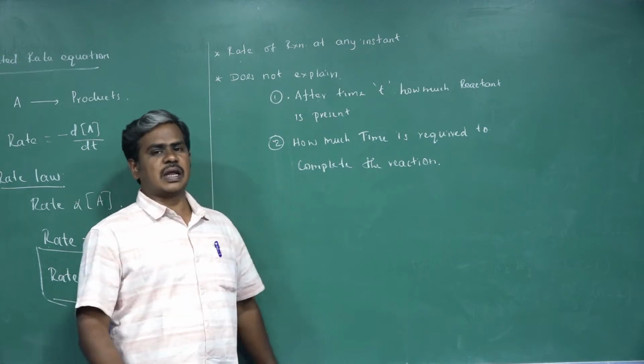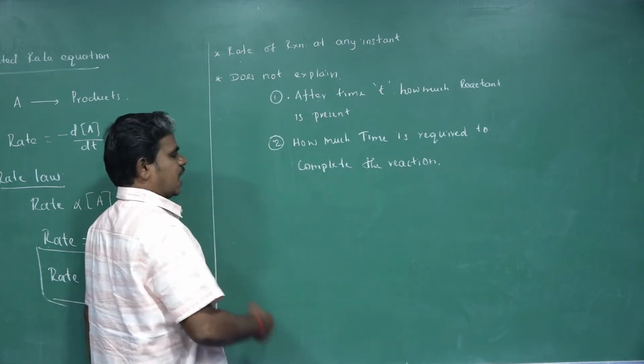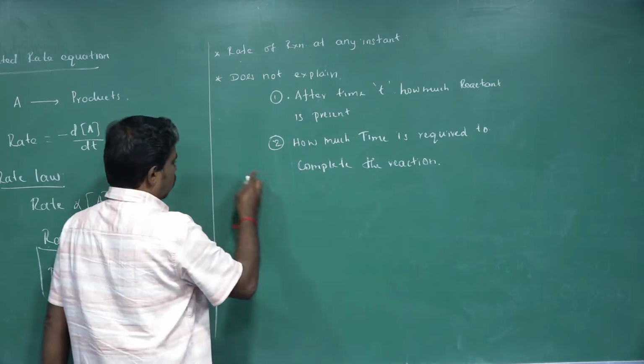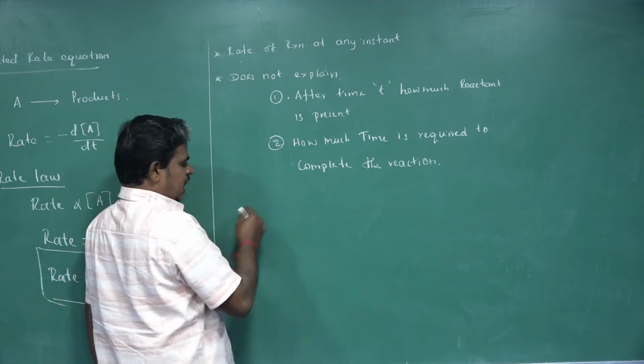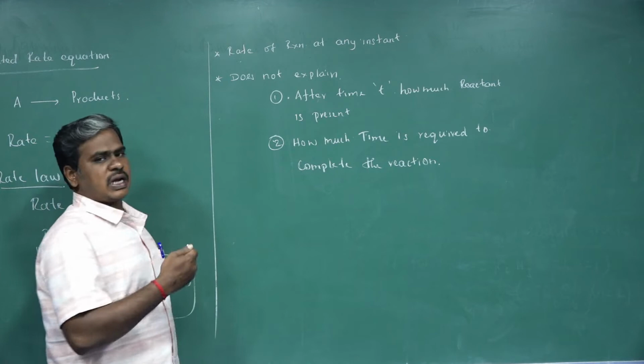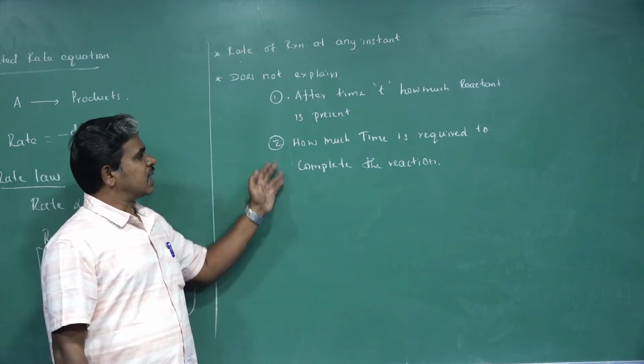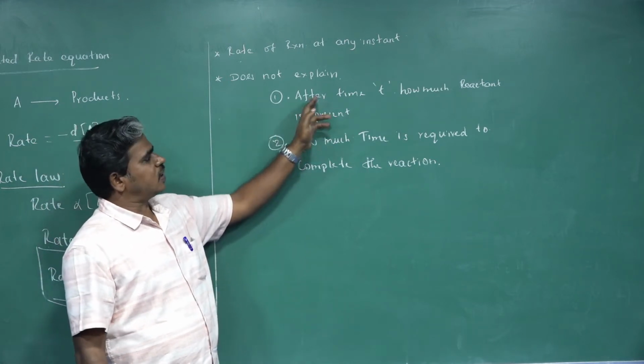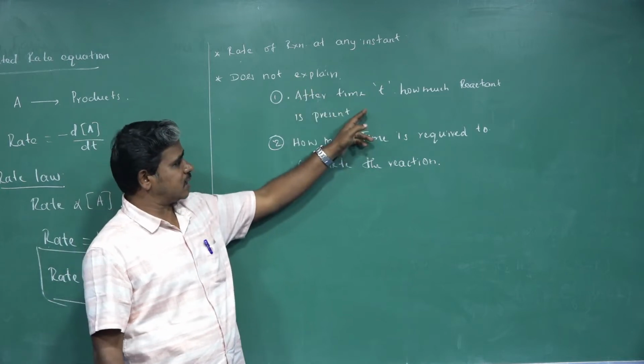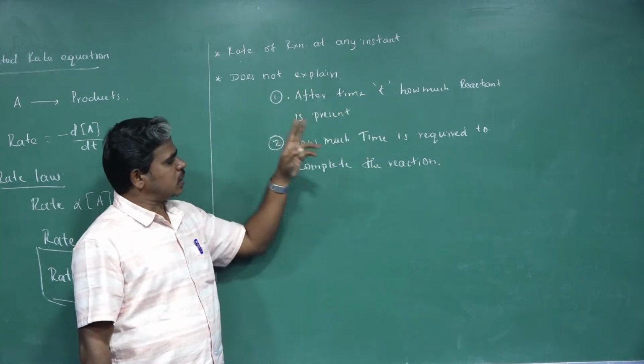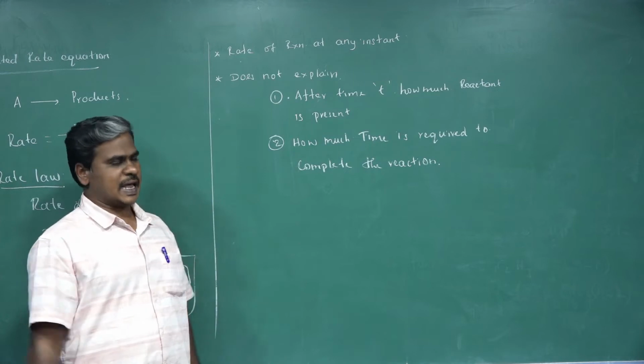So we take the integrated rate equation. This differential equation is converted into an integrated equation, because it does not explain how much reactant is present after time t and how much time is required to complete the reaction.